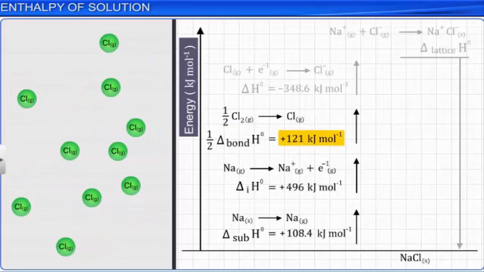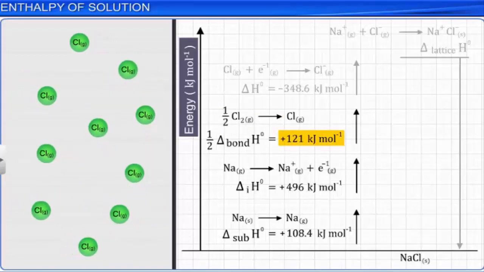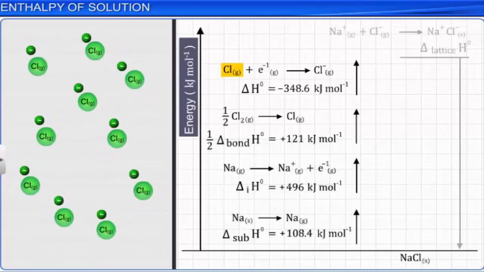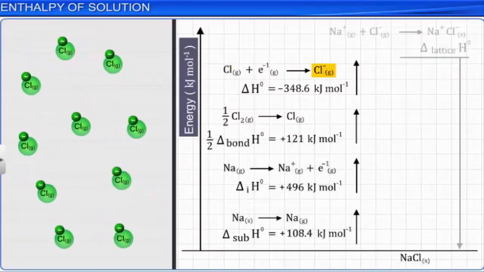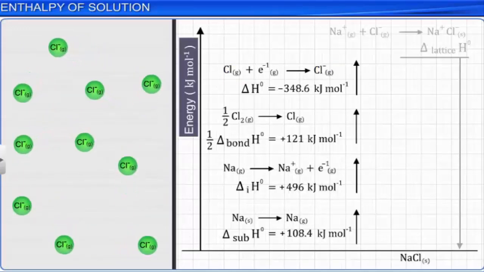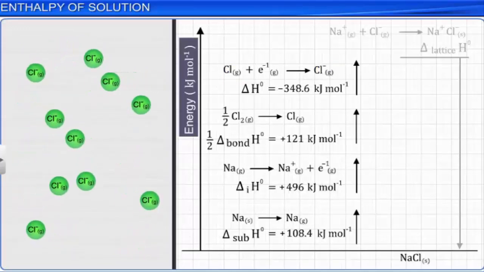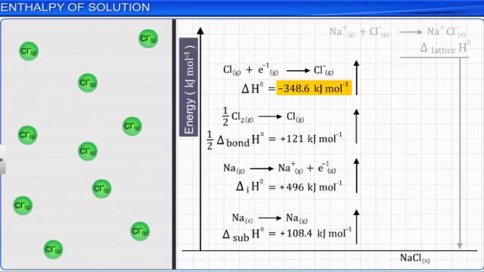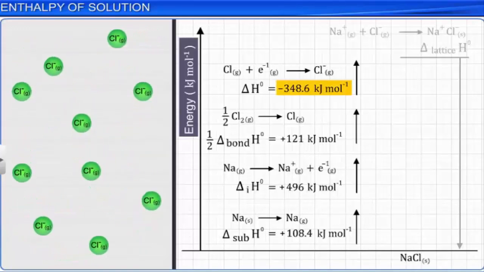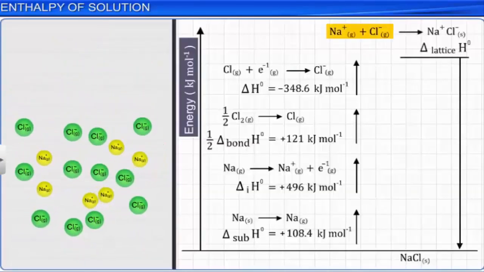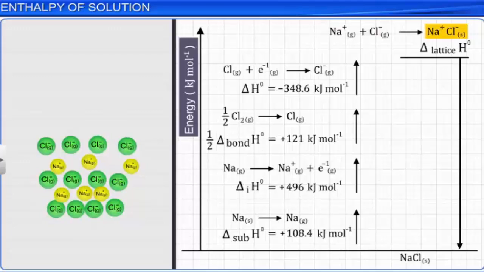This is followed by chlorine atoms changing into chloride ions. Chlorine gains an electron, and the electron gain enthalpy is minus 348.6 kilojoules per mole. Finally, the gaseous ions combine to form solid sodium chloride. The enthalpy change involved at this step is known as lattice enthalpy.